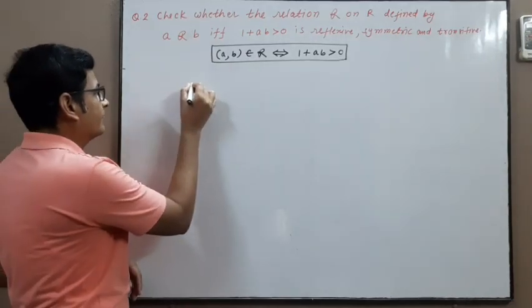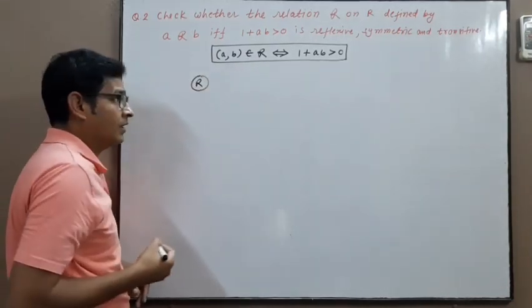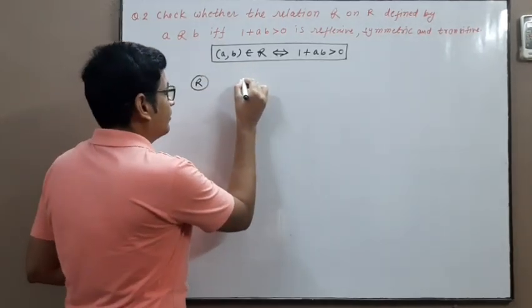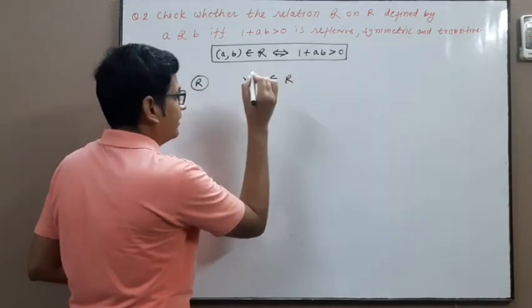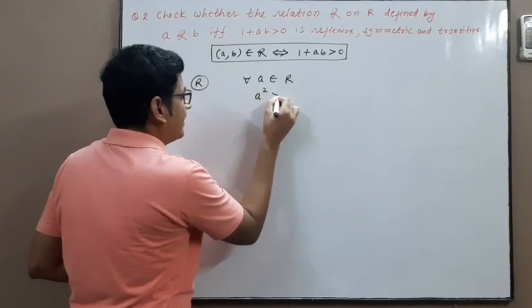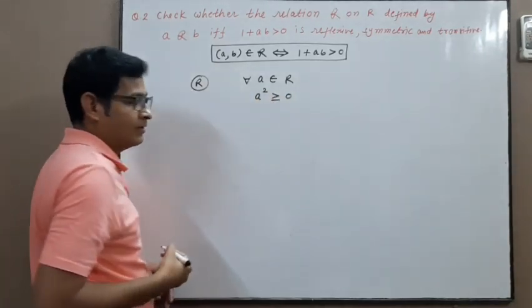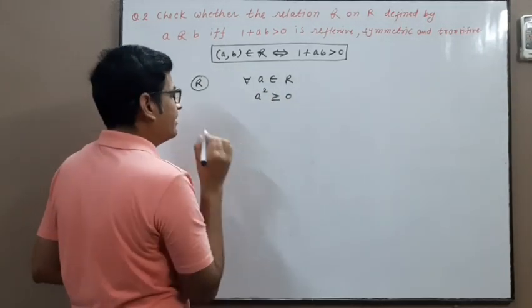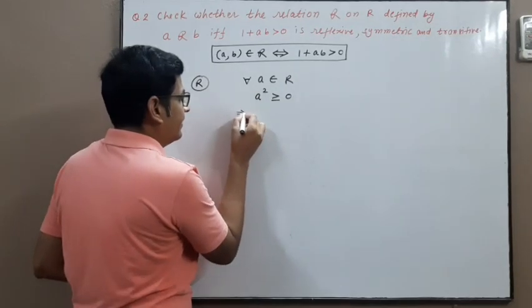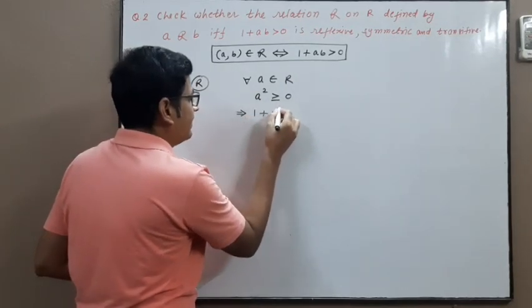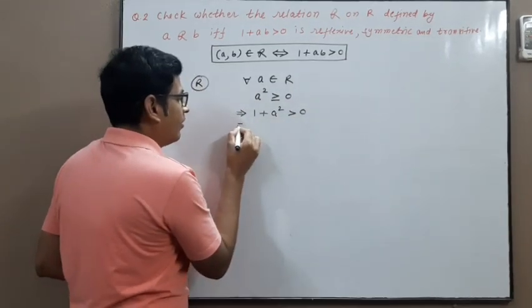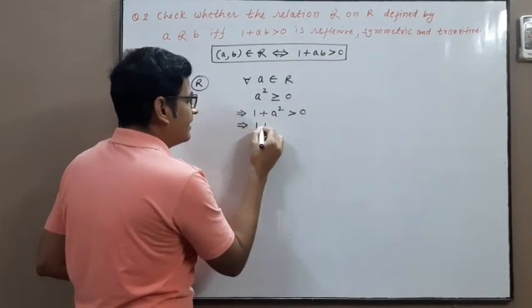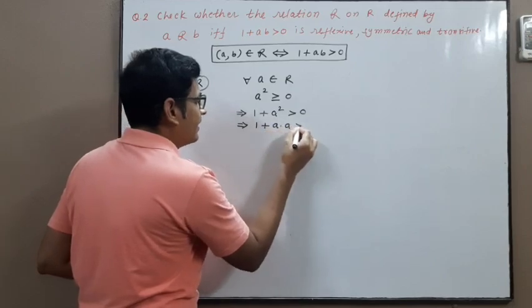For reflexive, we know that for every a belonging to the real numbers, a² is always greater than or equal to 0. If we add 1 on the left hand side, we get 1 + a² > 0, which can be written as 1 + a·a > 0.